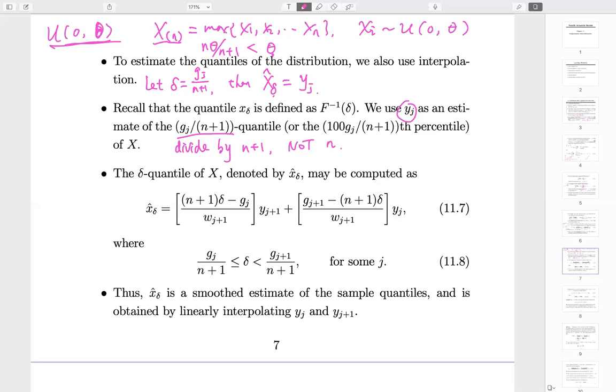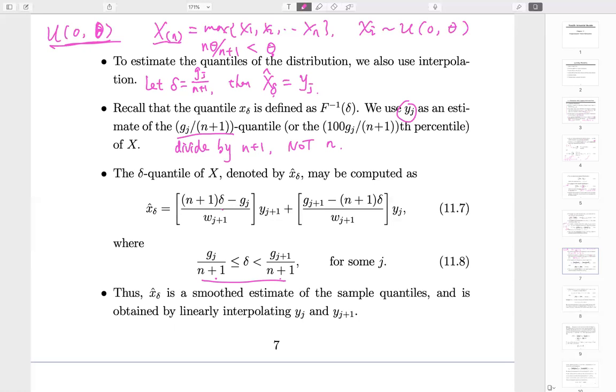There are n deltas, corresponding to y1, y2, all the way to yn. A natural question is, what if the delta is not equal to any one of those? Then we apply the same linear interpolation idea. It will always be between two values. Of course, if it's beyond, you set it to the max or the min. So assume your delta is somewhere in between two values.